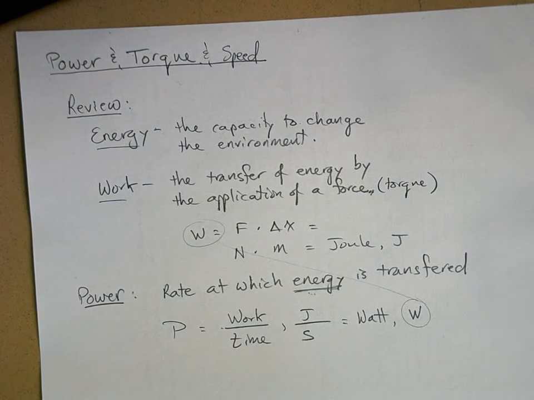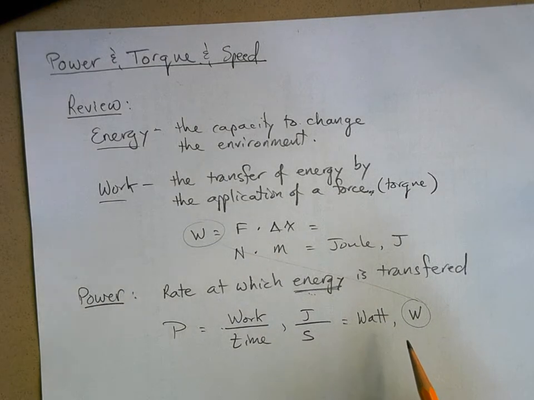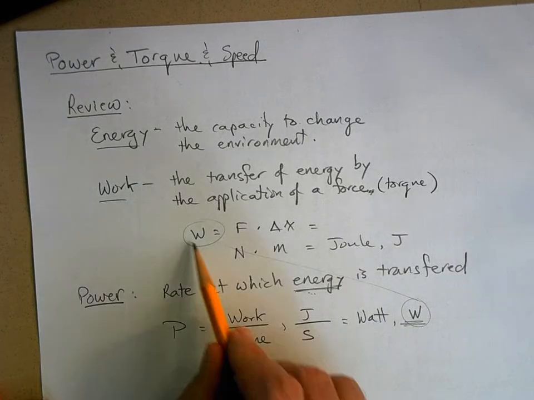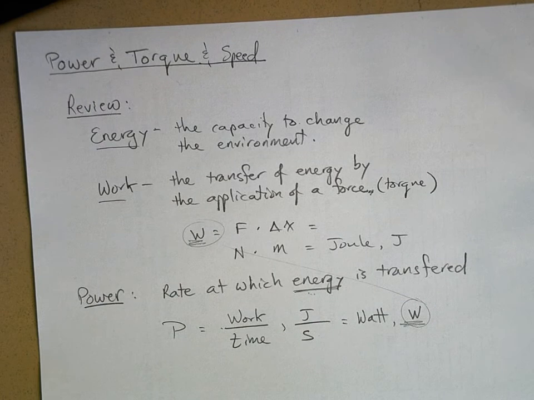Get over it. If W follows a number, like you're measuring something and it says 20 W's, that means 20 watts. If you see W equals F times delta X, that W is representing a quantity of work. So this represents a unit, this represents a quantity. But they both start with W, so there you go.